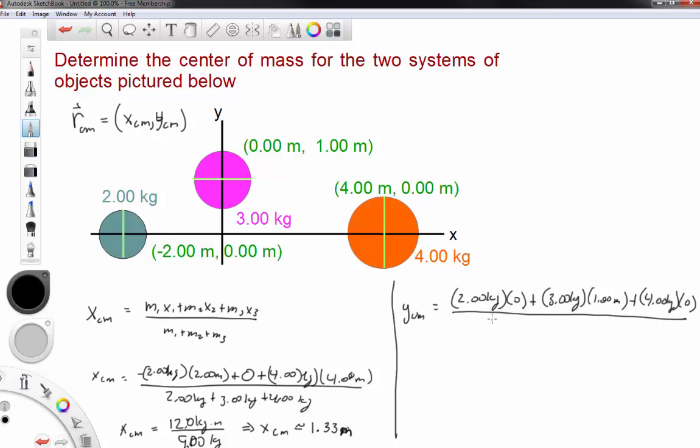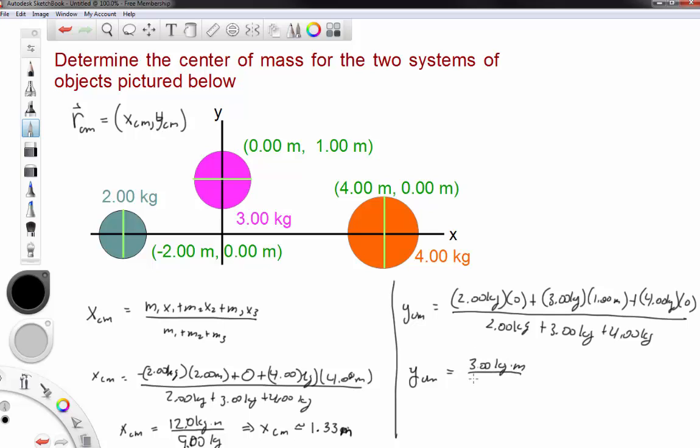That's going to be divided by, again, 2.00 kilograms plus 3.00 kilograms plus 4.00 kilograms. This is because we need the total mass of the system, 4 plus 3 plus 2.